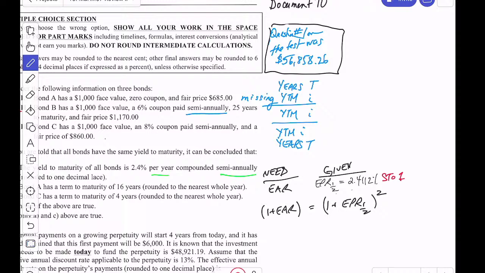So all I have to do to get EAR is compound this twice and take off the principal.